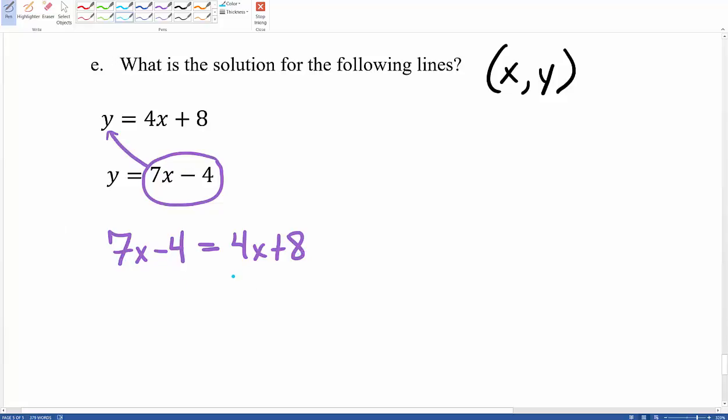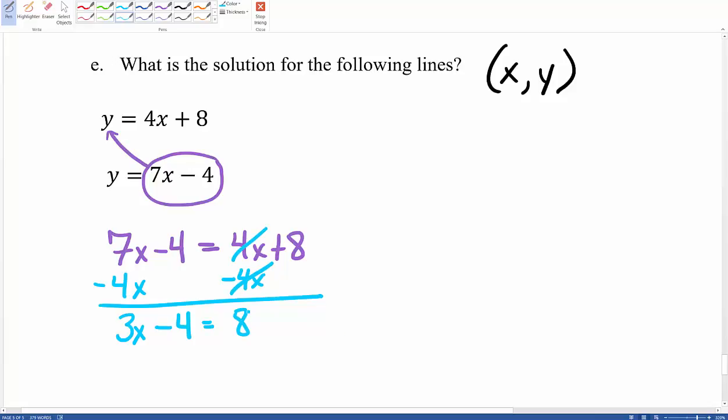So we might start off by subtracting this 4x from both sides. When we do that, we end up with 7x minus 4x, which gives us 3x. We still have minus 4 equals regular 8, because this positive 4x will cancel out with this negative 4x.